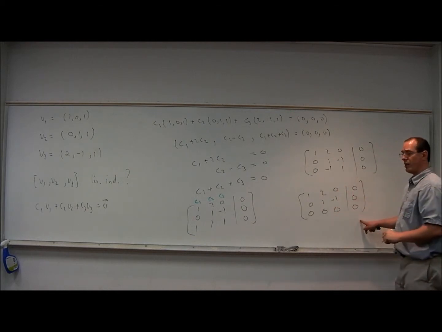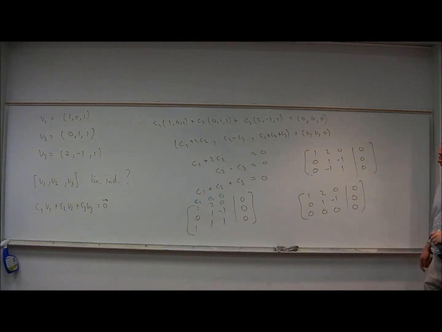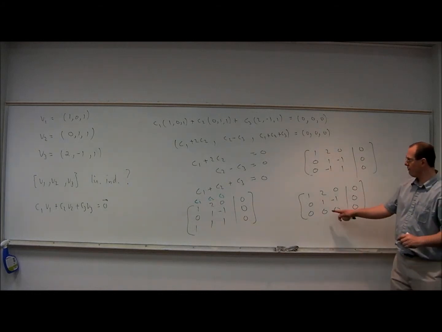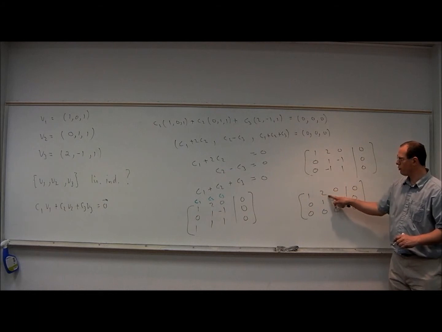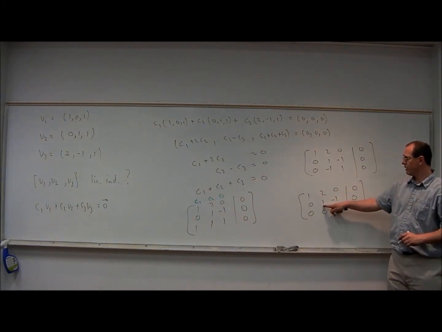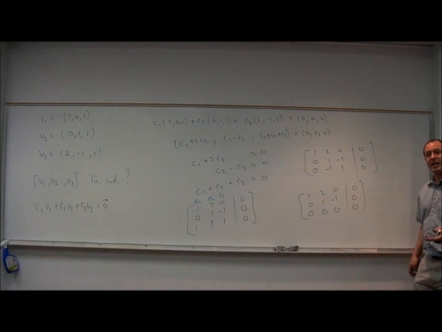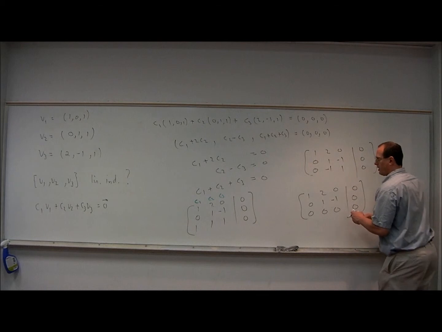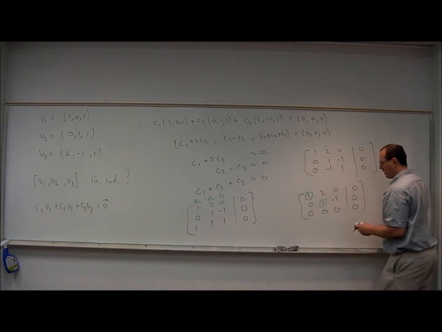And this is a row echelon form of the original matrix. It's not reduced row echelon form, because in reduced row echelon form, we could make this 2 here into a 0 by subtracting off. But to answer our question of linear independence, what we see here is that there is a leading one here and a leading one here.